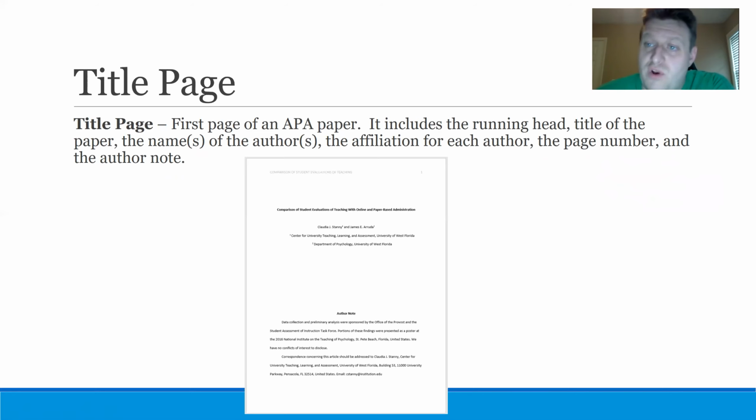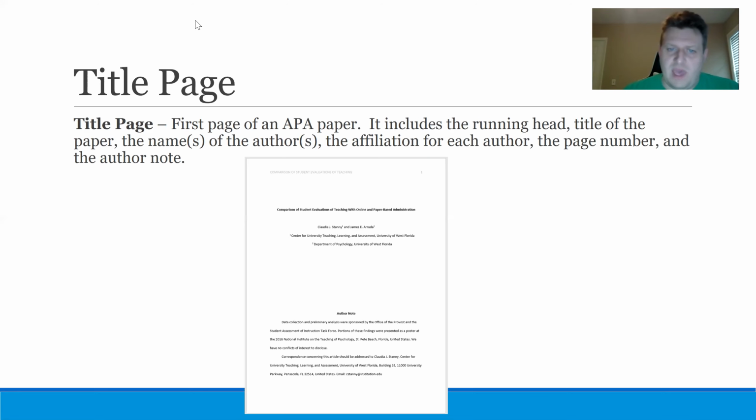Now, the good thing is Word defaults to including this on every single page if you have this here. If you have a journal, at the very top of the page is going to be the running head. And it is an abbreviated title that tells somebody flipping through the pages what the article is about.